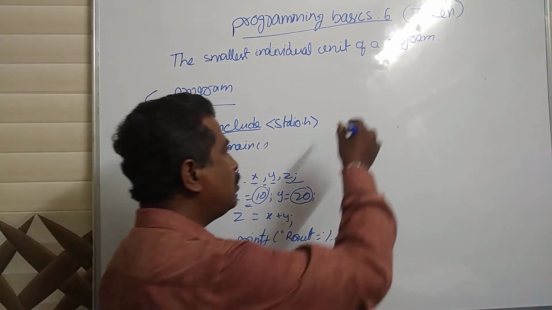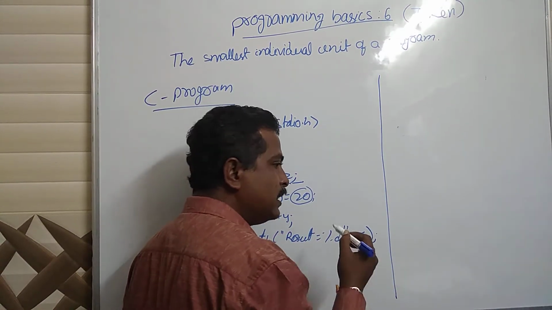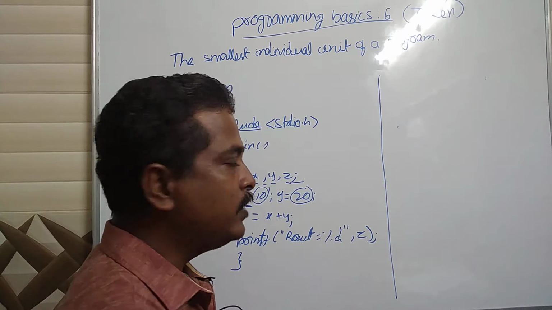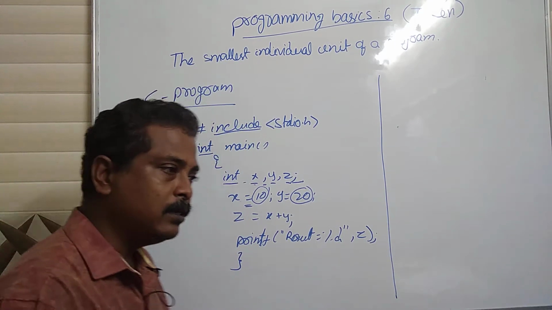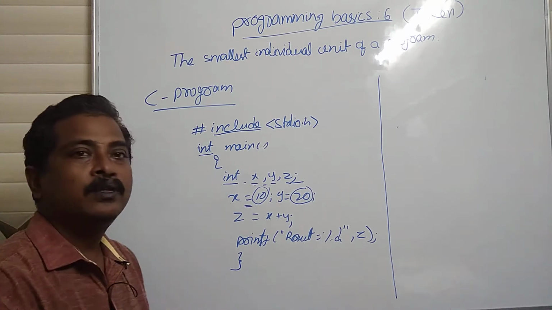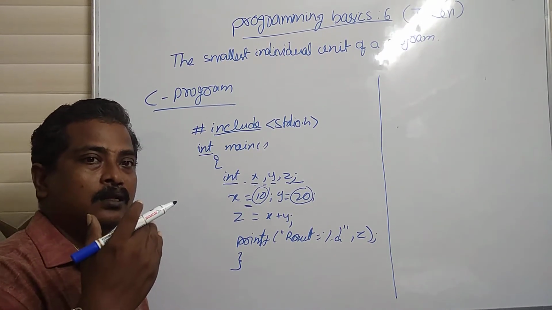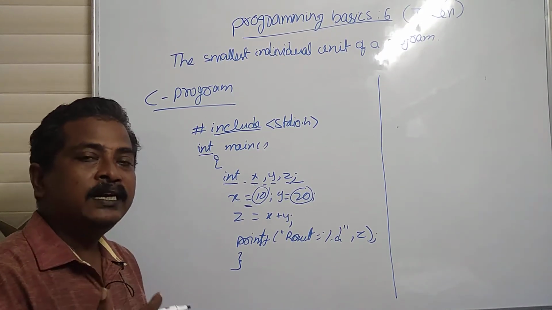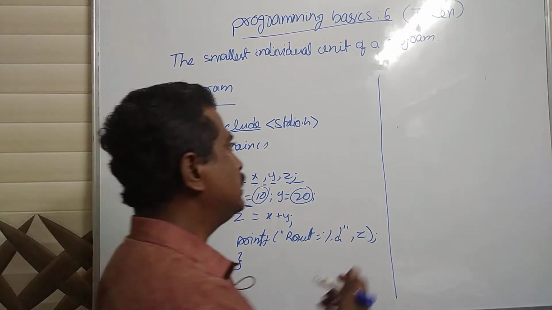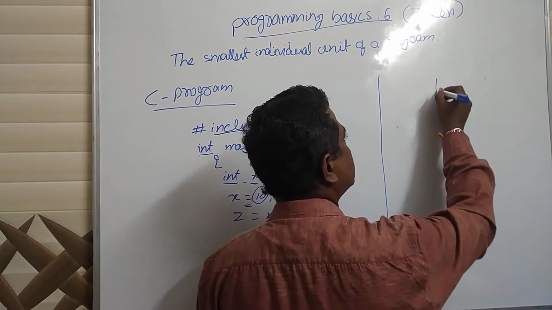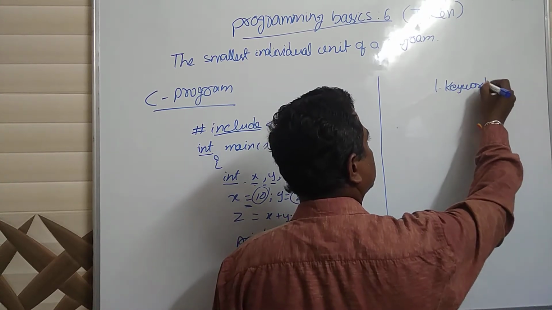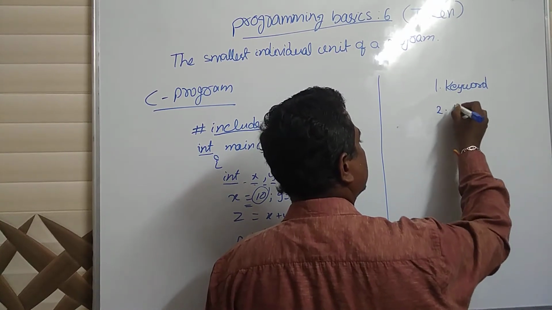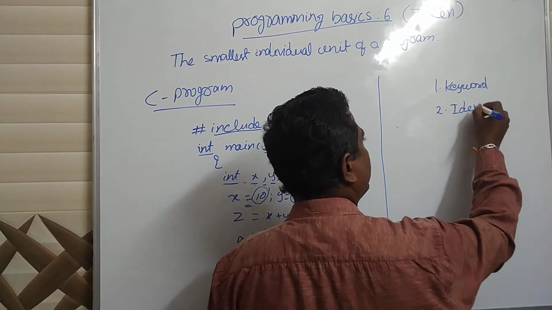Now how to know regarding these tokens? Whether it is C, C++, Java, Python, whatever it may be, the tokens are divided into some categories. Category 1 is keyword, second one is identifier.